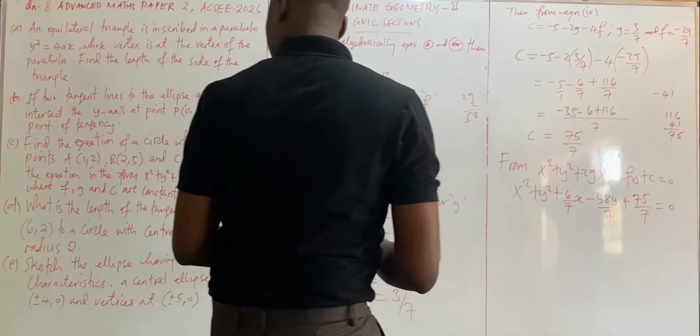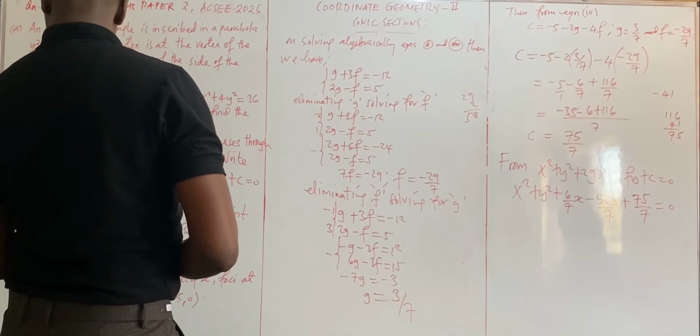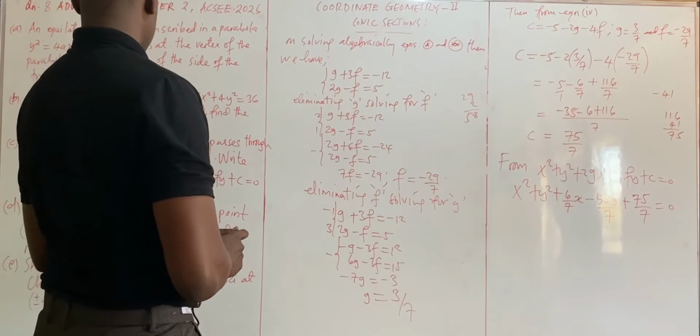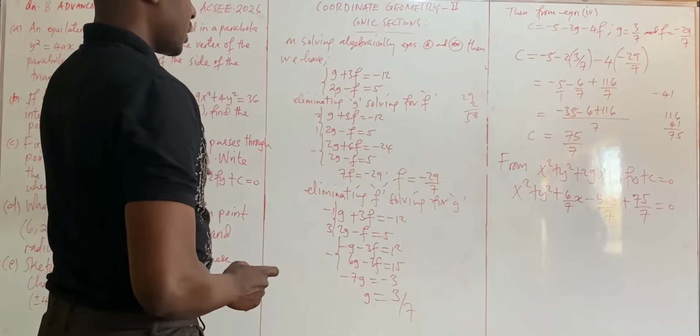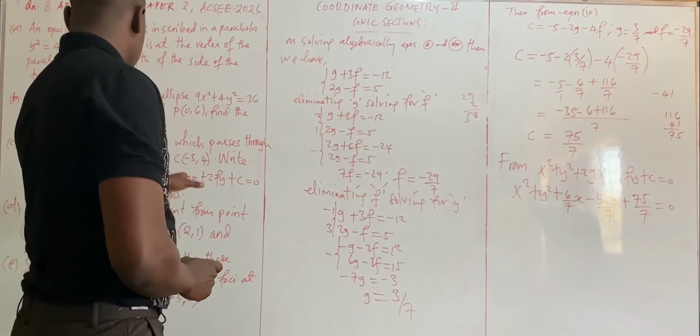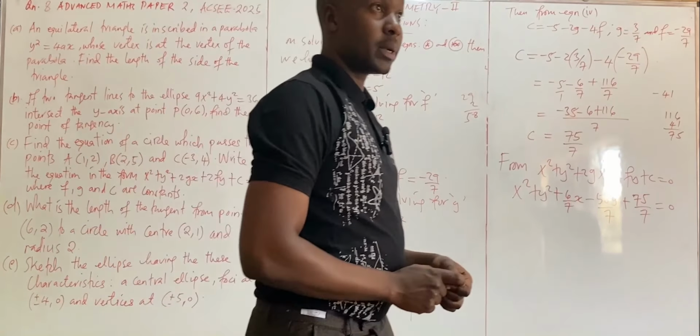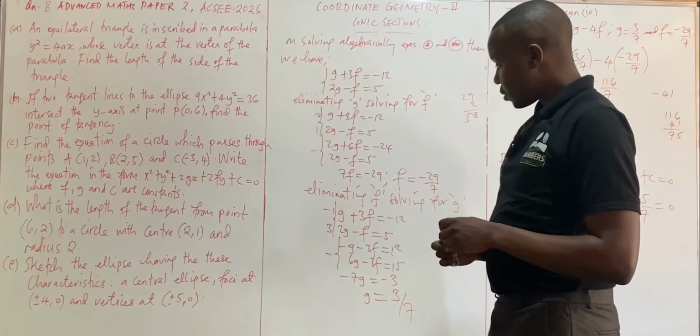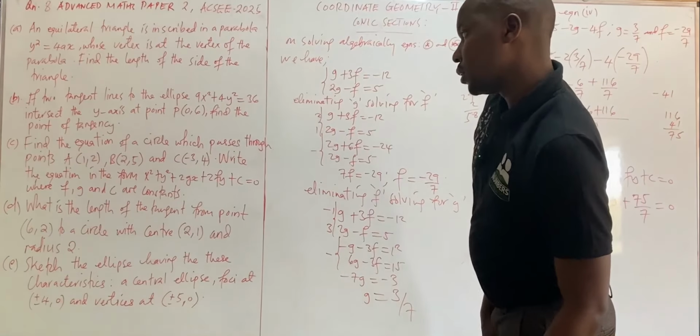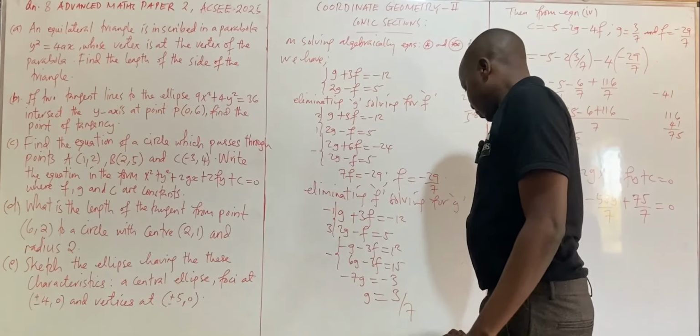So from there, we have written the equation of the circle in that form as guided by the question. And up to that point, we are through with this part. So now let's proceed to see the next part.